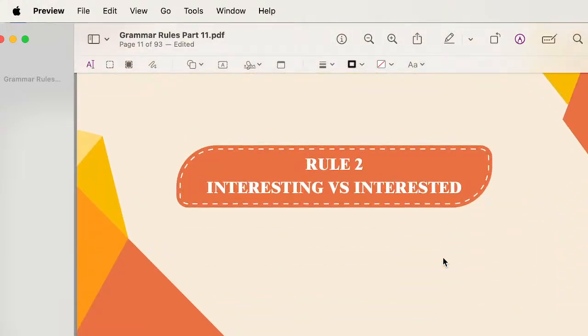Okay, next, rule number 2 is interesting versus interested. What is the difference? Do you know there's a difference between the two? Are you aware? Anyone?